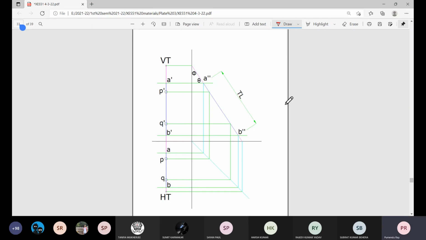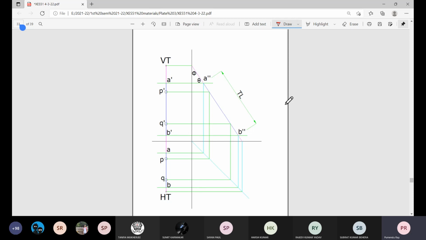Done? Now, if it is understood that the line AB is parallel to the pictorial plane, then draw the plan and elevation AB, A dash B dash, they will be perpendicular to the GL.